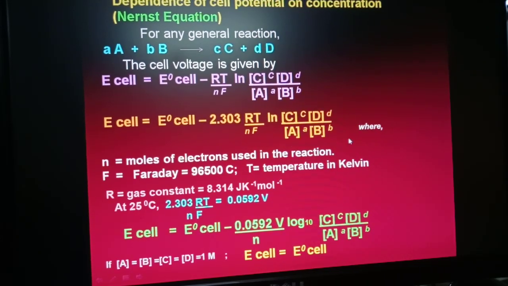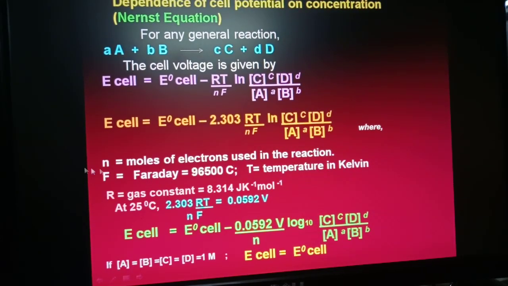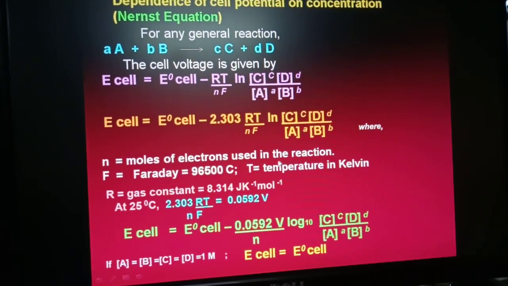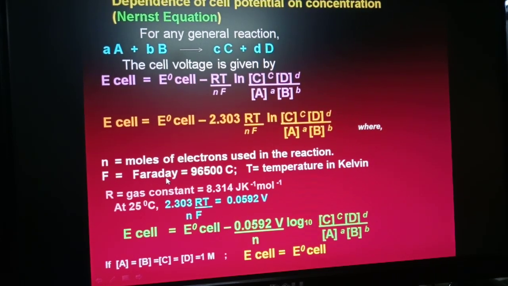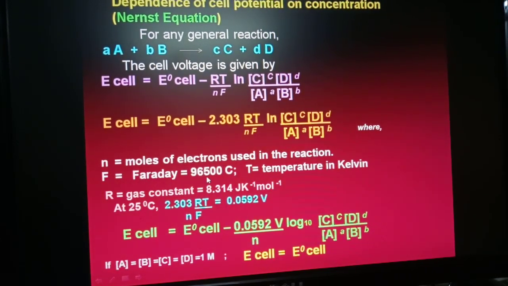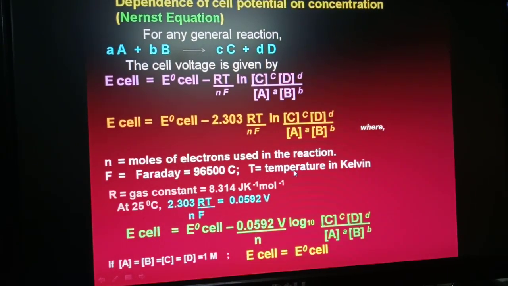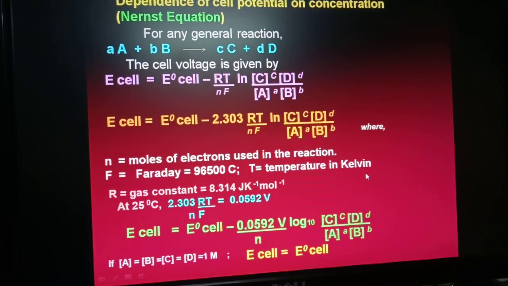Now, in this equation, n is equal to the number of moles of electrons used in the reaction. F, you already know this term, it is the Faraday, which is equal to 96,500 coulomb. T is the temperature in Kelvin.